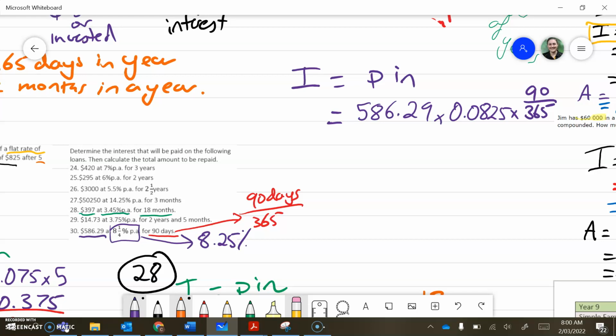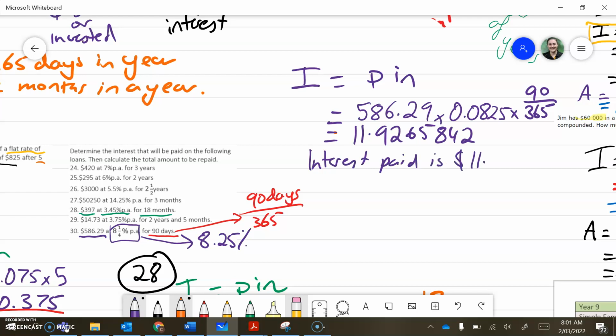So if you type all of that into your calculator, multiplying them as you go, you'll end up with a solution of 11.9265842. So our interest paid is $11.93 if we round that to 2 decimal places.